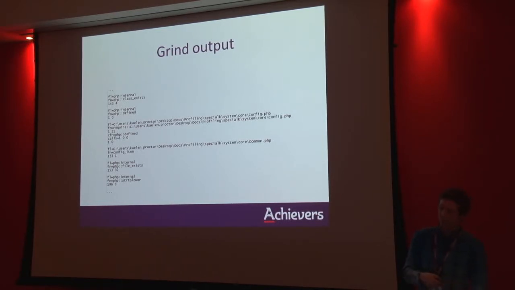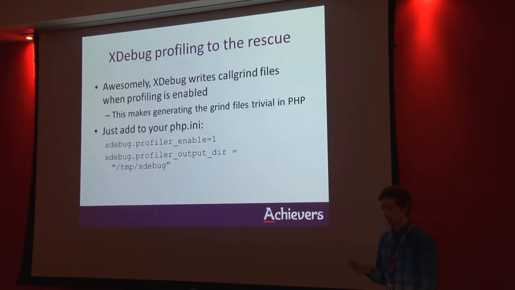But before we go into that, running command line tools is not particularly webby, so is there an easier way to generate these files? Thankfully, yes. Xdebug, which is a PHP extension for interactive debugging, actually comes with a profiling functionality that can generate these Callgrind files. It's pretty easy to use.